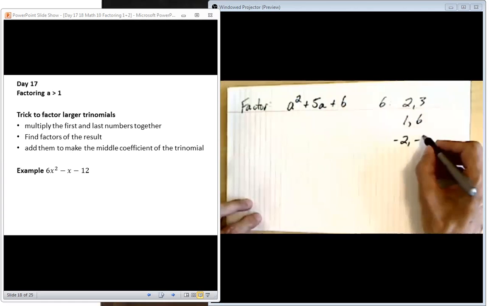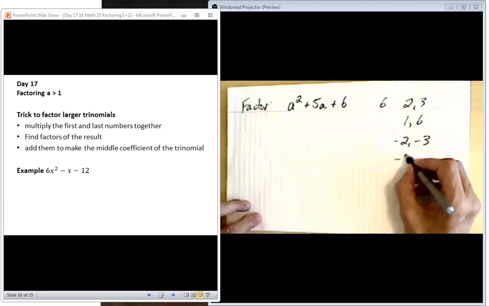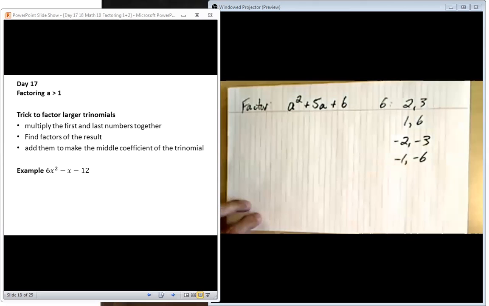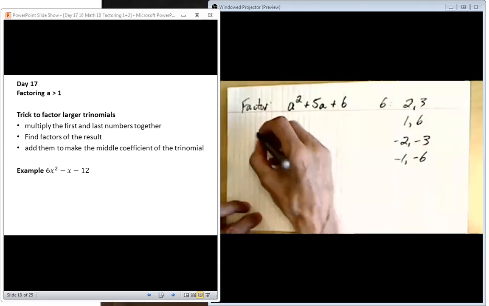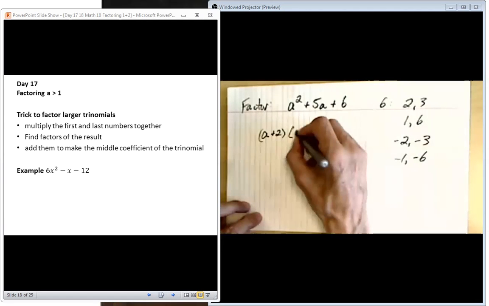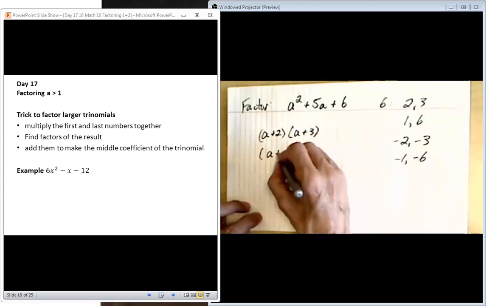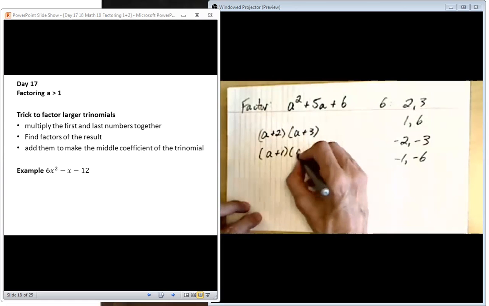Minus times a minus makes a plus, right? And then minus times a minus makes a plus as well. And then we created all of these. We said a plus 2. Well, that's just it. In the beginning, we did all of them. But then we got smart, I think, right?